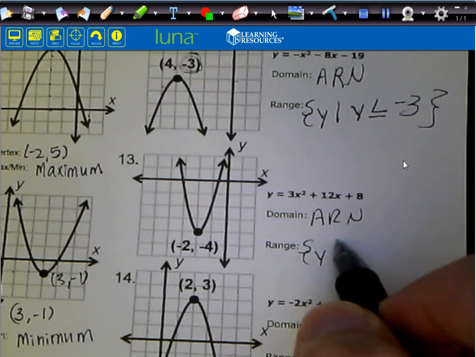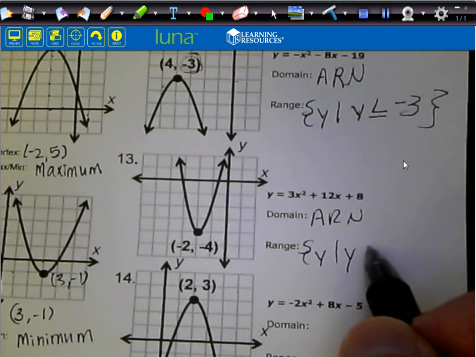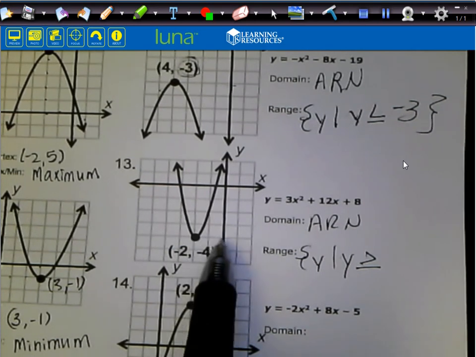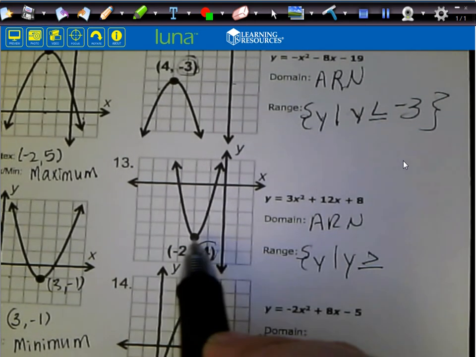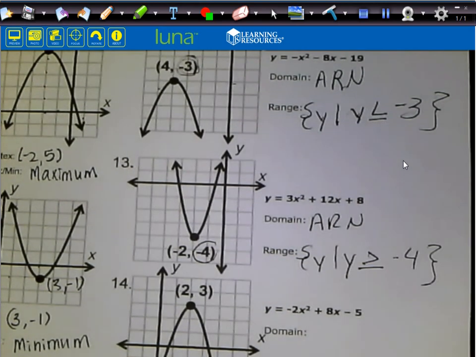So again, it's going to be y such that, because all my ranges start with y such that. And since it's going up, it's going to be y is greater than or equal to. And it's everything from this lowest point and up, and this lowest point on my y is at -1, -2, -3, -4. So it's everything greater than or equal to -4.